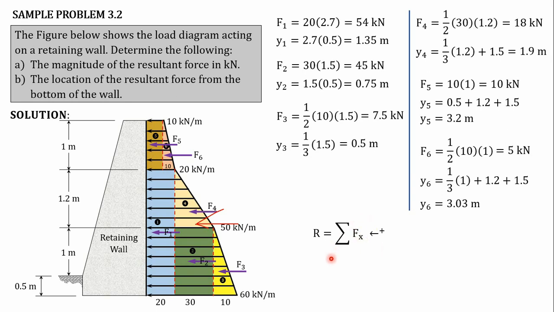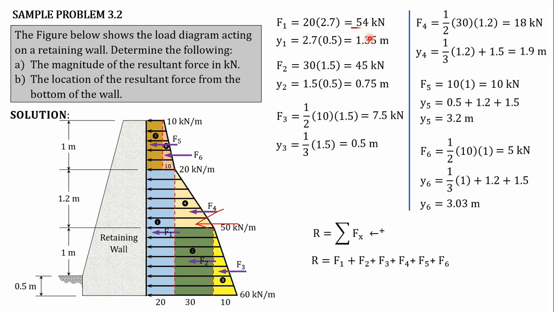So therefore resultant is equal to F1 plus F2 plus F3 plus F4 plus F5 plus F6, since yung direction ng F1 natin class up to F6 is same direction. Kapag same direction, same sign.